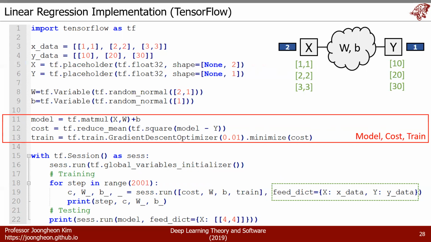Within session.run, we are calling all the four variables: cost, W, b, and train. The return value of cost will be stored in small c. The return value of capital W will be stored in W_ in line 19. The return value of b will be stored in b_. The return value of train does not exist because it just makes only one jump.